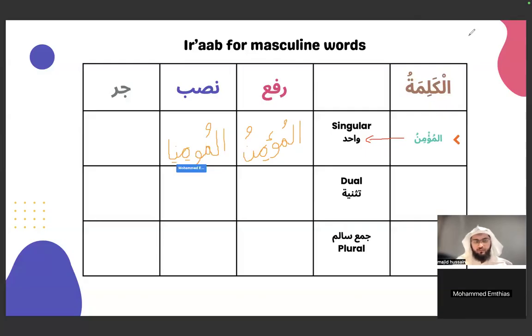In the state of nasab, it will always have fatha. Either one fatha if it has alif lam, or if there is no alif lam, then it will have two fatha. Al-mu'mina. Is this noon with alif or just noon? Just noon. Okay. And in the state of jar?